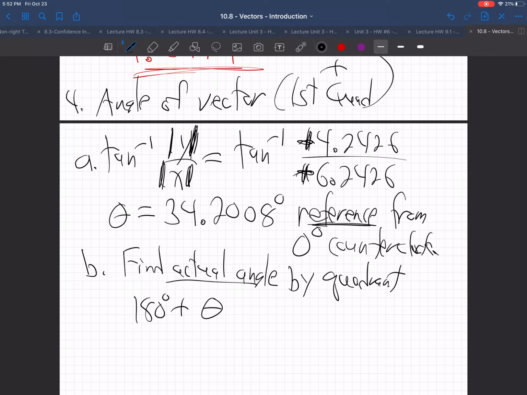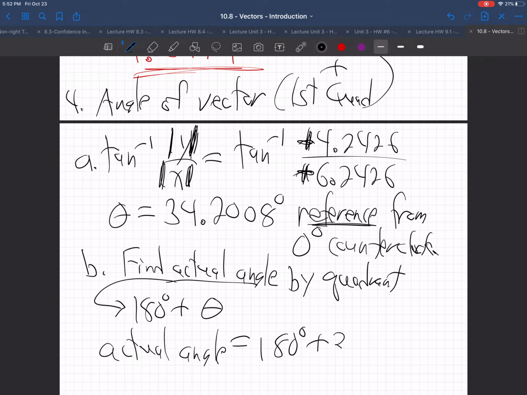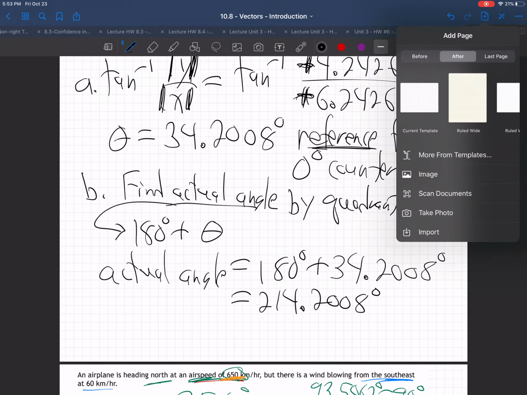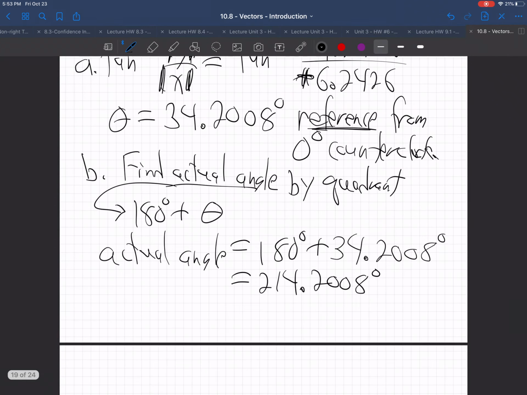So the actual angle is 180 degrees plus 34.2008 degrees, which is 214.2008 degrees. Right. So that's the actual angle.